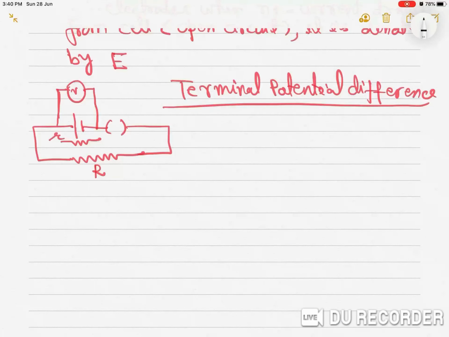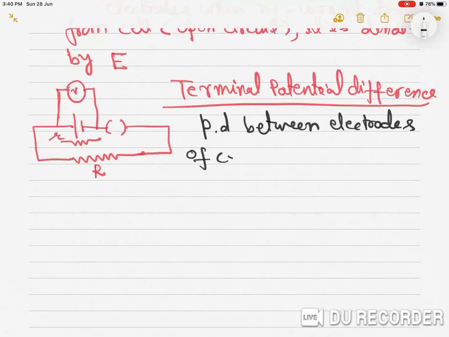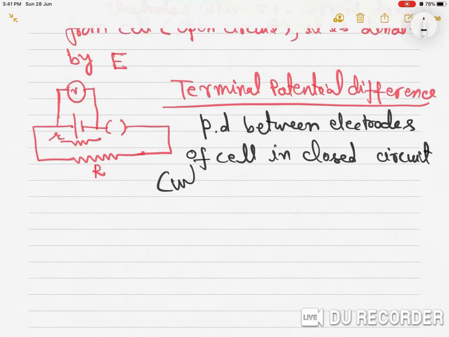Terminal potential difference between electrodes of a cell in a closed circuit means when current is drawn from the cell.